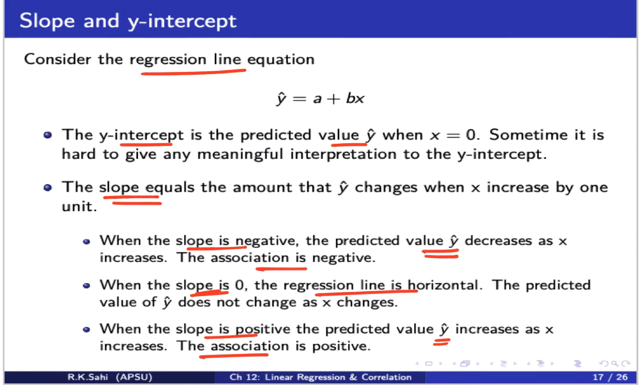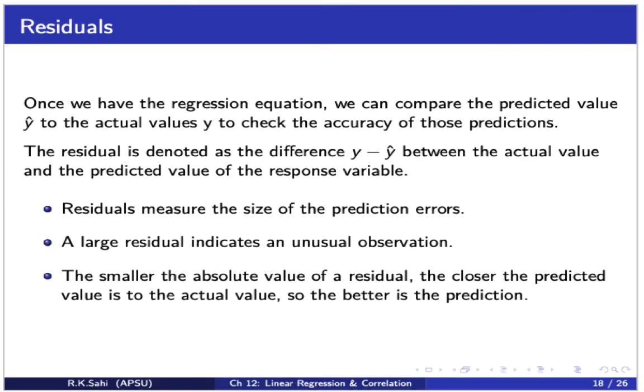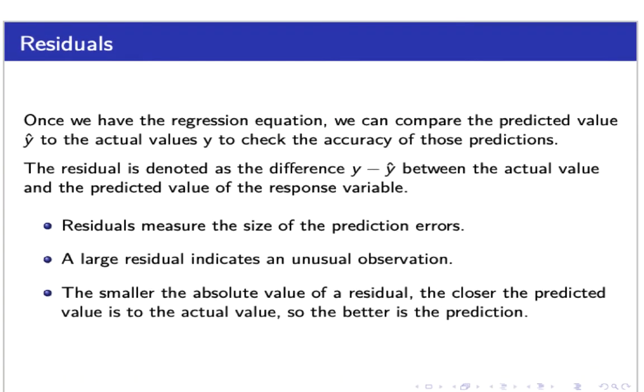Okay, let's talk about residuals. Once we have the regression equation, we can compare the predicted values, given by y hat, to the actual values y to check the accuracy of these predictions. The residual is denoted by y minus y hat, between the actual value and the predicted value of the response variable.